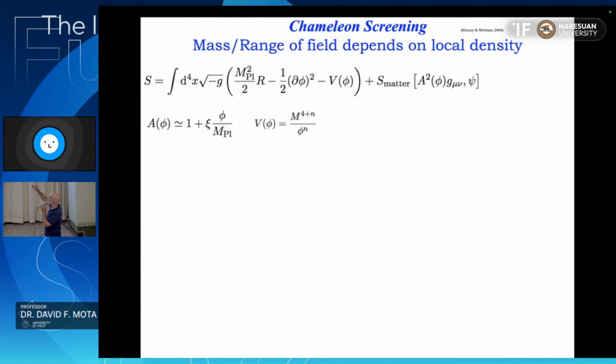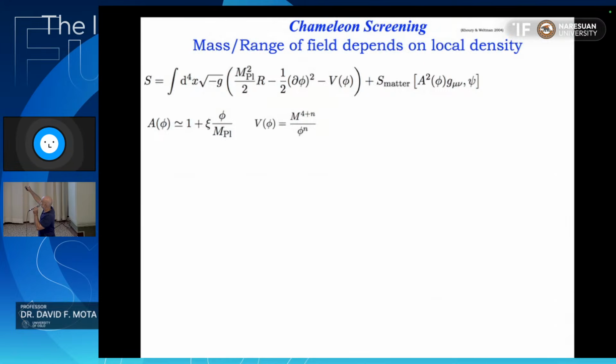So the chameleon screening, the whole idea is that the mass, which means the range of the force, is density dependent on the environment. That's the chameleon screening. So I have my scalar field with a given self-interacting potential. Any 1/phi to a given power, an inverse power law, works for the self-interacting potential.